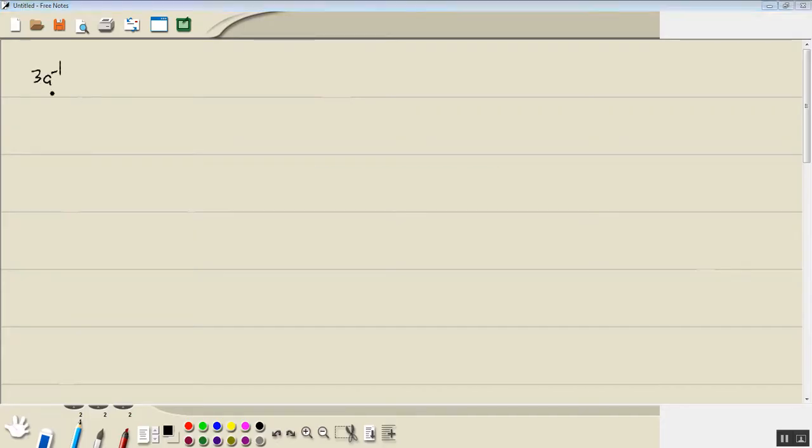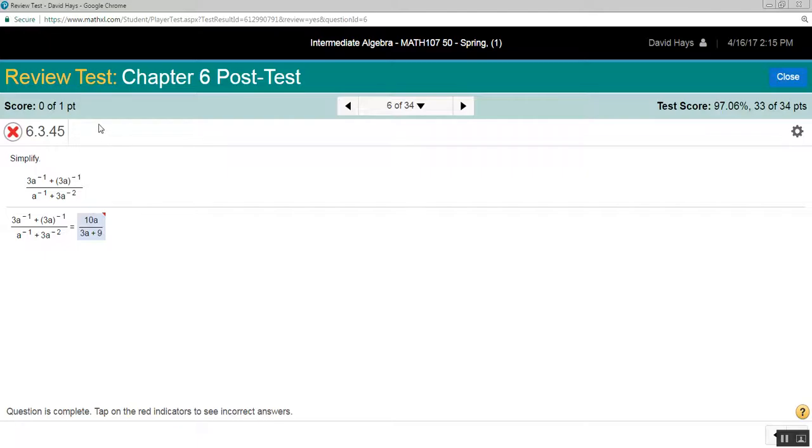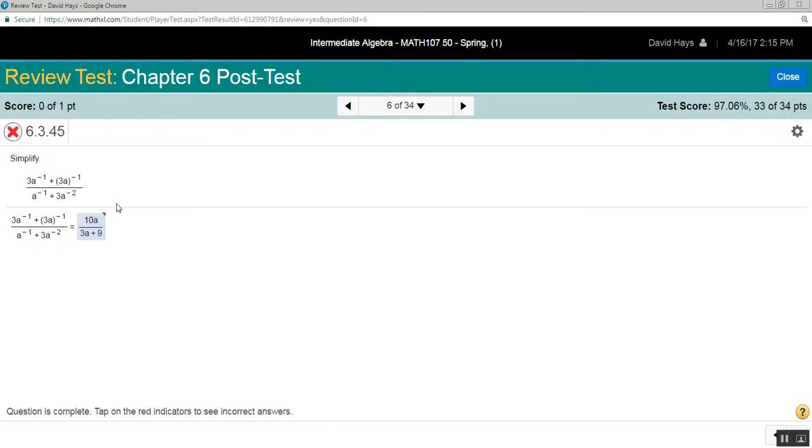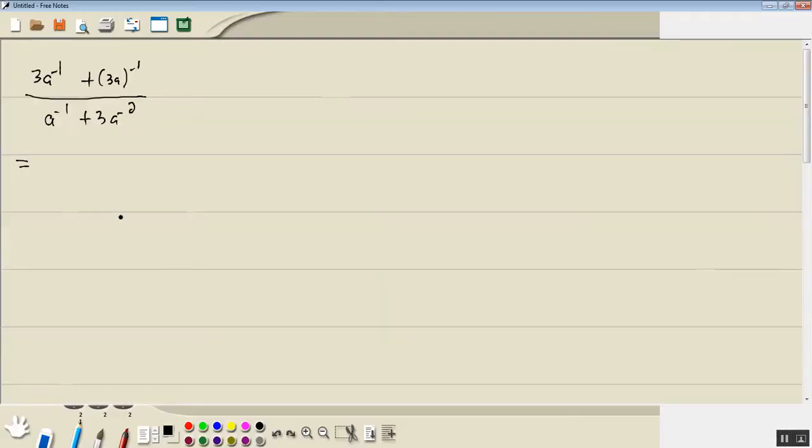3a to the negative 1 plus 3a to the negative 1, a to the negative 1 plus 3a to the negative 2. Now, like I said, you have to take those negatives to the denominator.